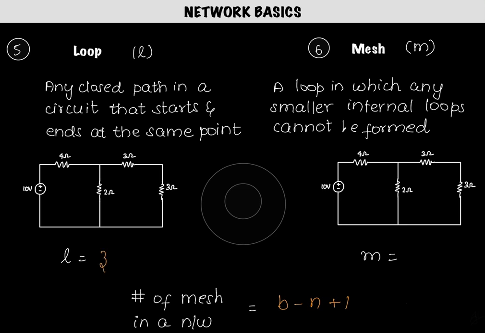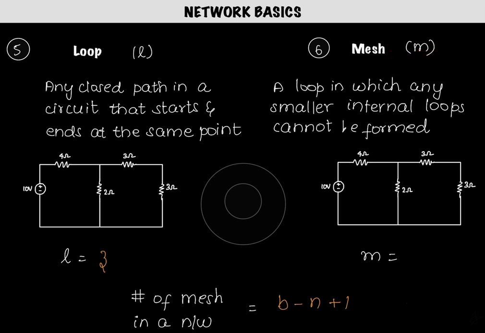On the other hand, a mesh is also a loop, but this loop should not have any smaller internal loops. For example, this is a mesh, this is a mesh, but this is not a mesh, because within this we already have 2 loops or 2 meshes internal to it. So these are some of the unique loops in our design.